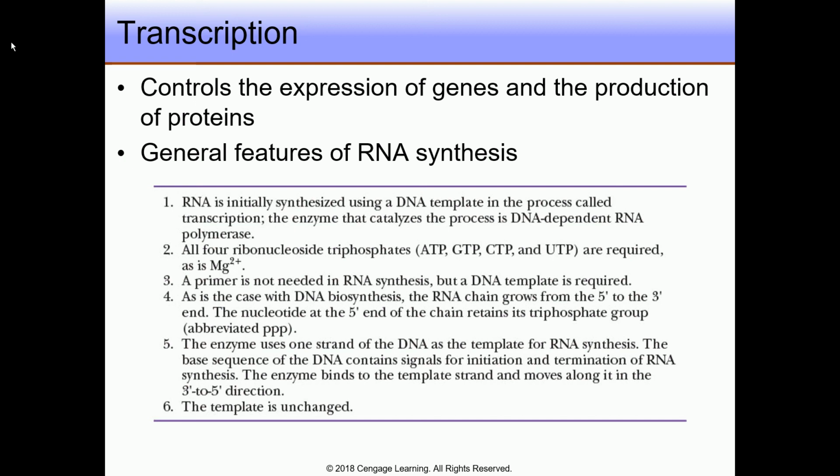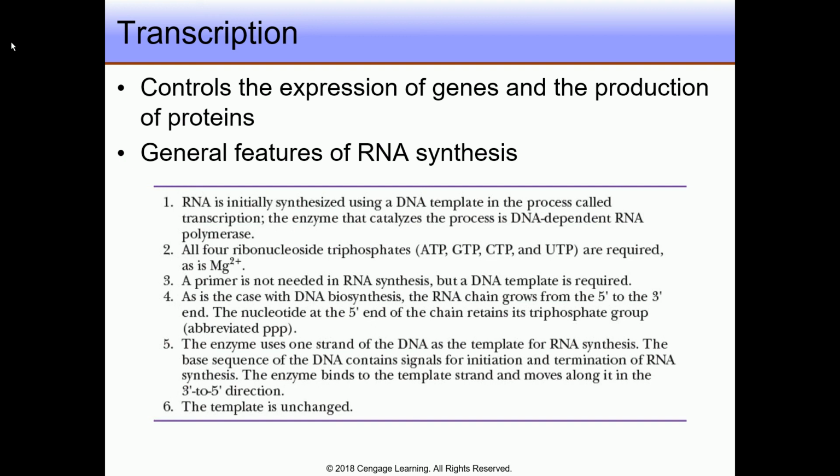So this enzyme has the capability of initiating the formation of the RNA strand. In this process, DNA is used as a template and an RNA strand is made, and that RNA strand is also called a primary transcript, or messenger RNA.